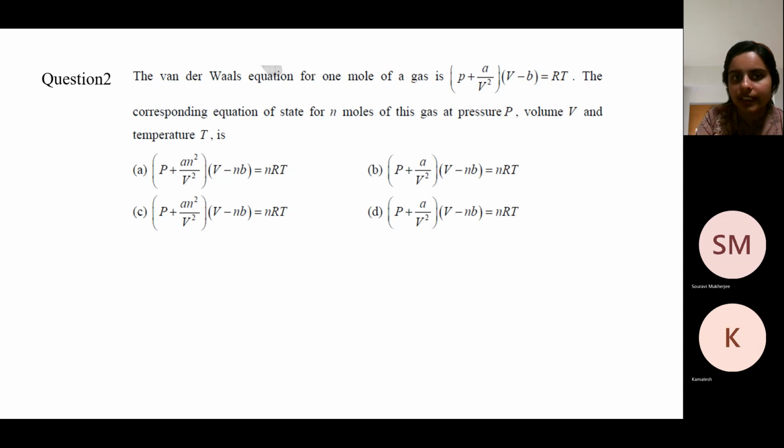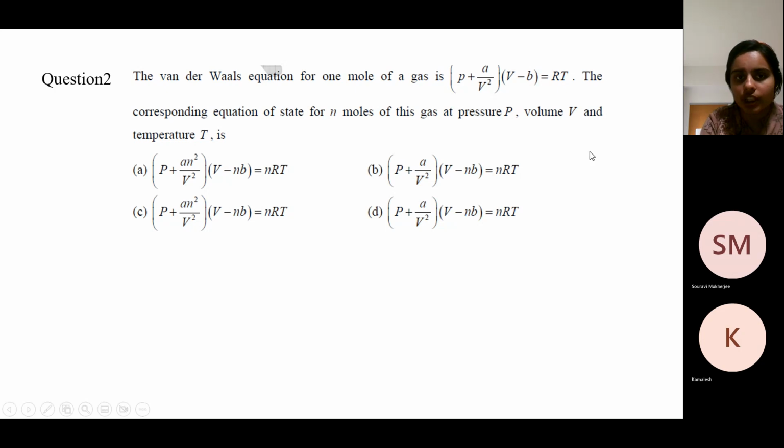So keeping that in mind, if you have 1 mole, you have some value of interaction which results in some effective reduction in pressure. If you have n moles, that would go as n square, which comes from the argument we just discussed.